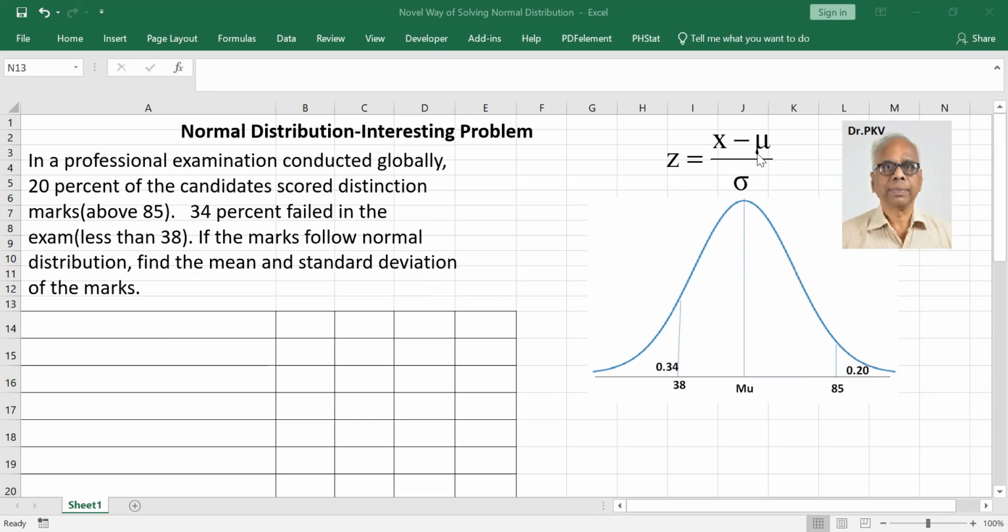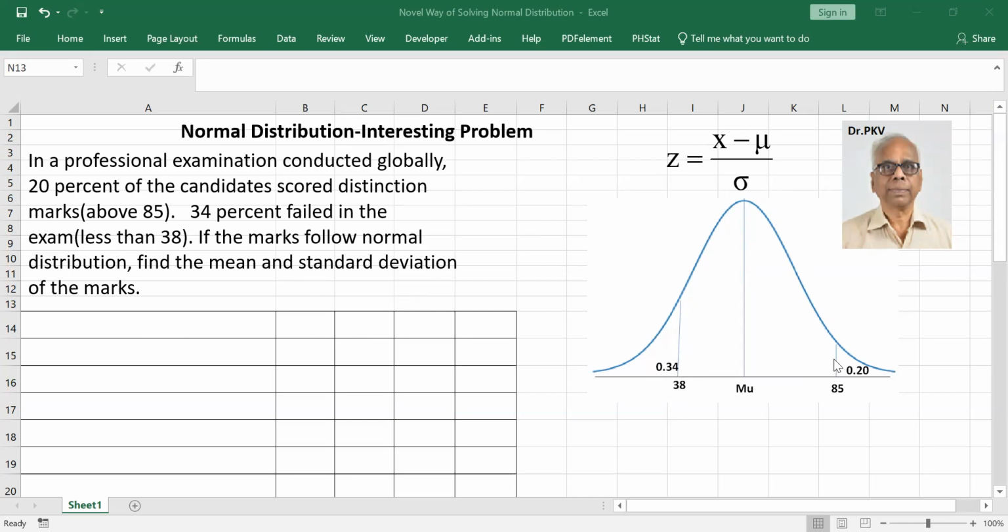We know the standardized normal variable is defined as Z equals X minus mu by sigma. And we are going to use the standardized normal ordinate for solving this problem. We are given the information that 34% of the candidates fail and the threshold mark is 38.